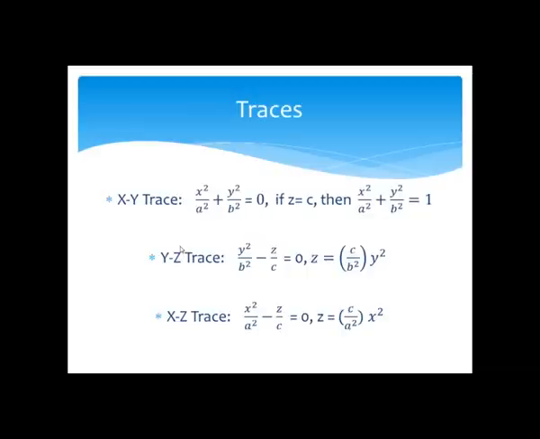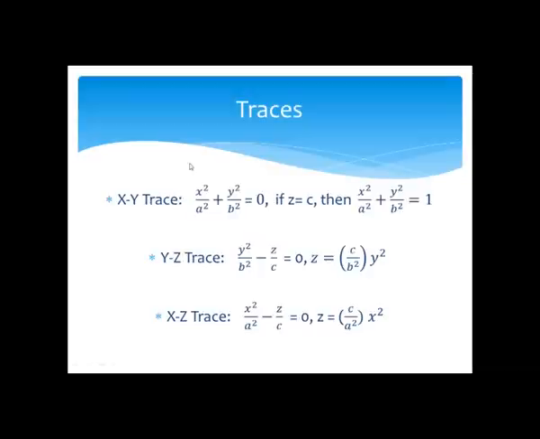So to find out, we have to substitute the z value to some other constant. So we could equate z, let's say, to 1. If we do that, we find that this equation resembles the equation of the ellipse.